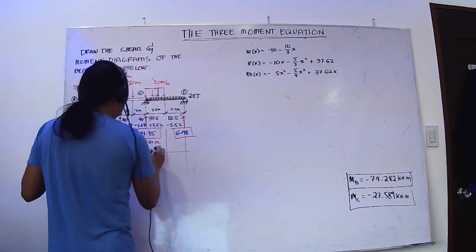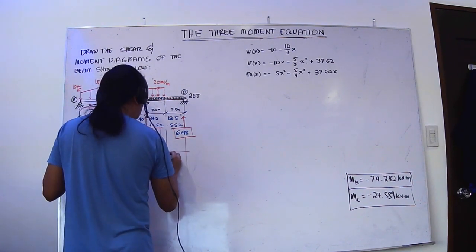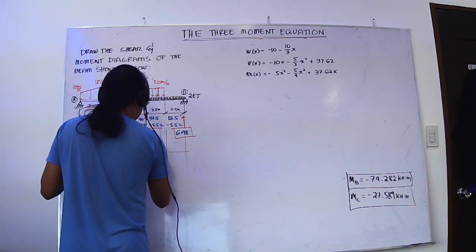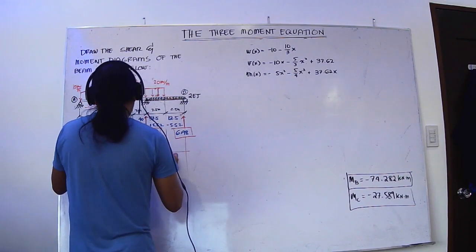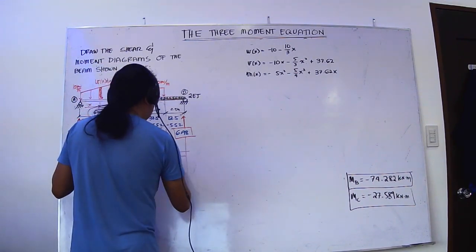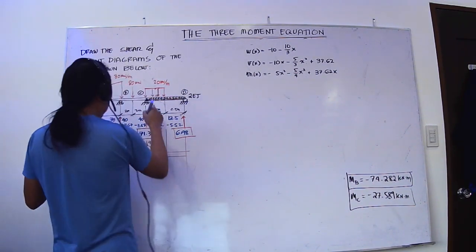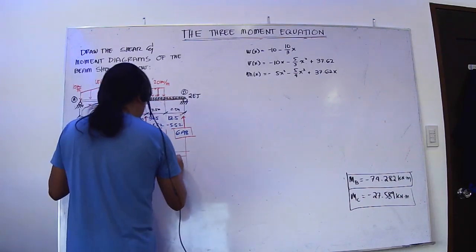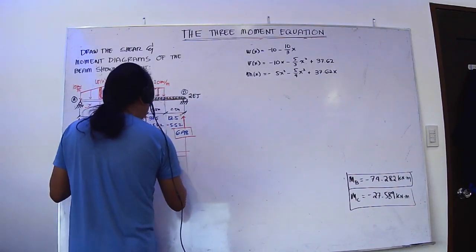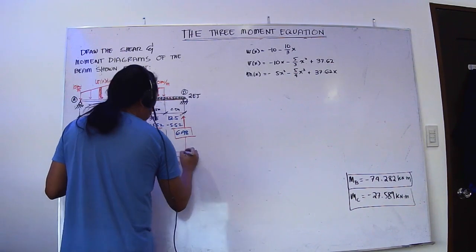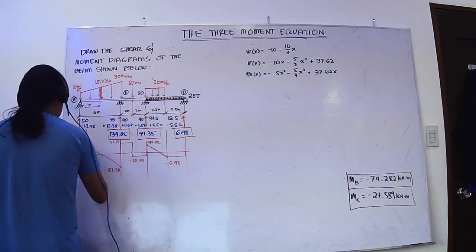Minus 20 times 2.5. So negative 20 times 2.5, then 6.98. Which is 6.98 here. This goes back to 0.